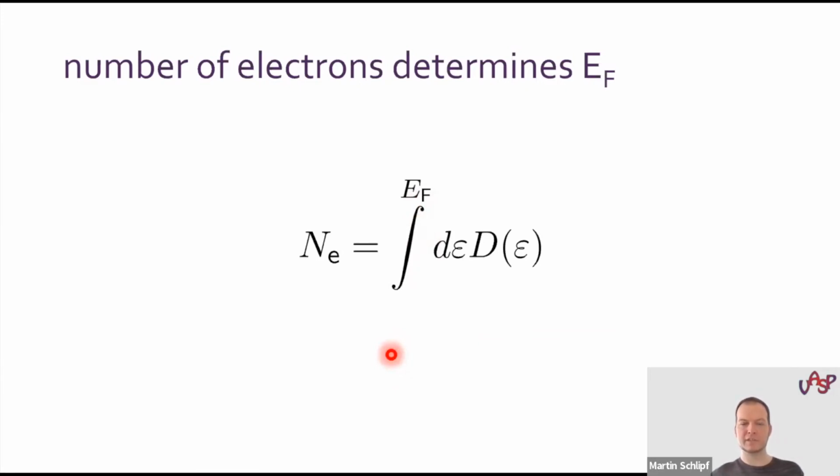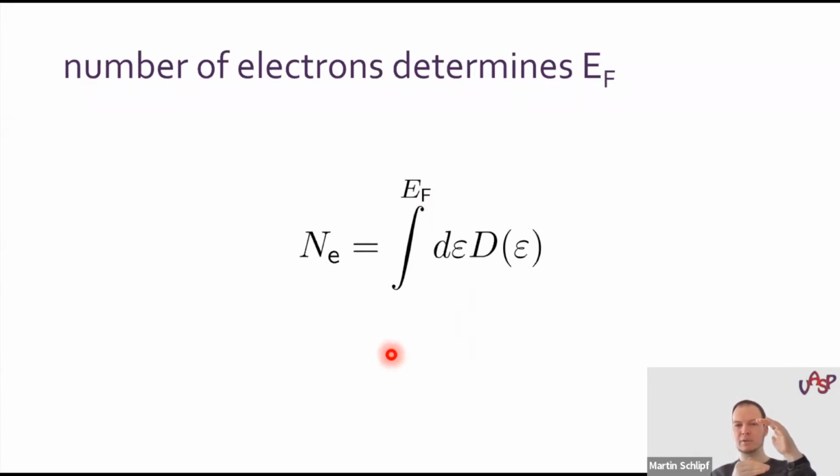We know the number of electrons, which is given by the POTCAR files and the number of ions and atoms that you use. Then we can calculate the number of electrons at two different levels: at a very high energy and at a very low energy.